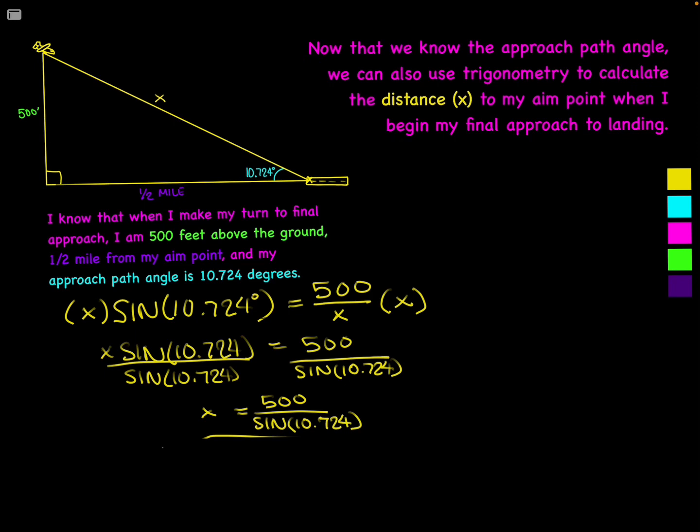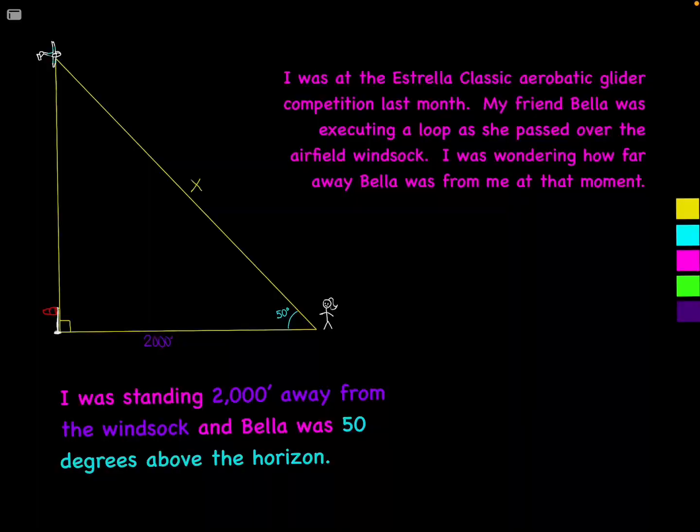When plugged into the calculator, we can find out that x is equal to 2,687.042 feet, meaning that the distance to my aim point when I begin my final approach to landing is 2,687.042 feet.